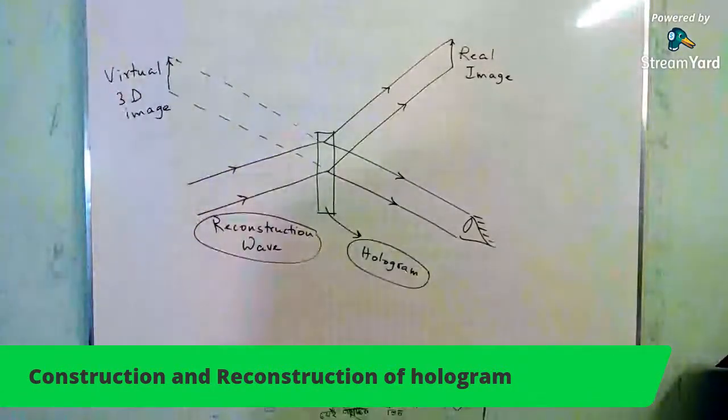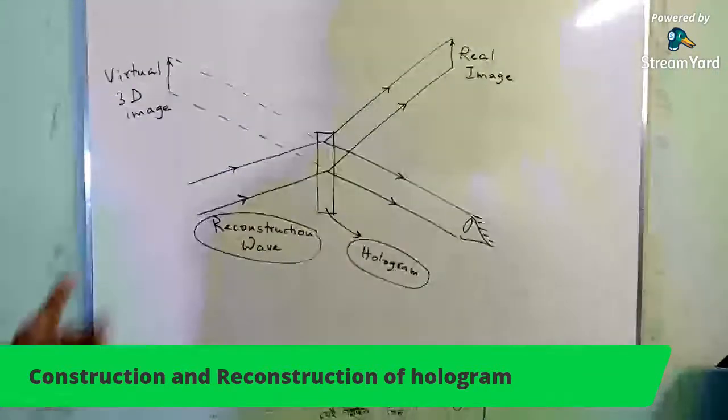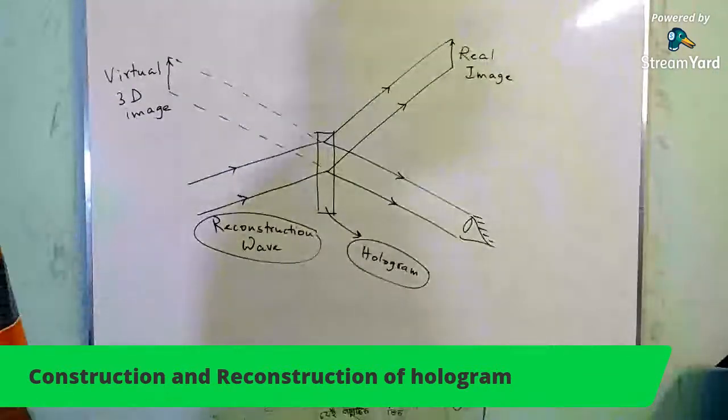This is the reconstruction step, and this is actually the second step of holography. The first step is obviously the recording of a hologram, and the second one is what we know as the reconstruction of a hologram.